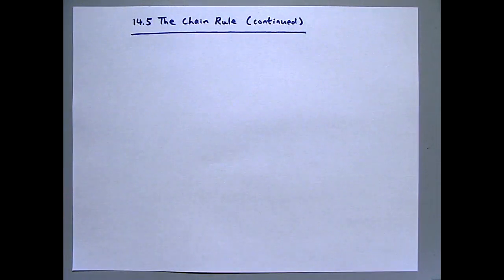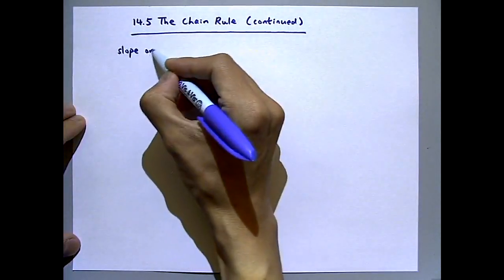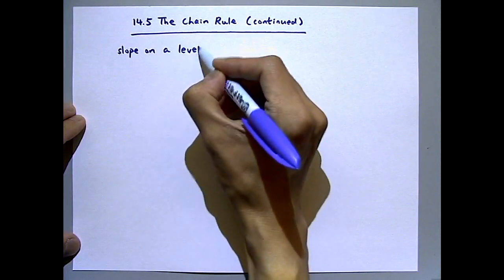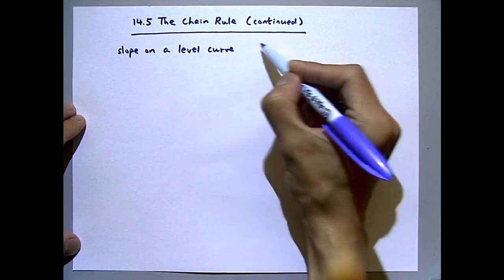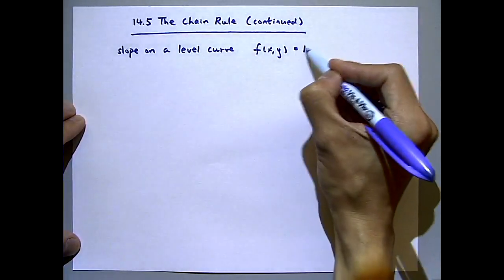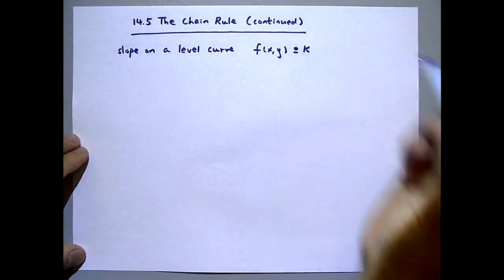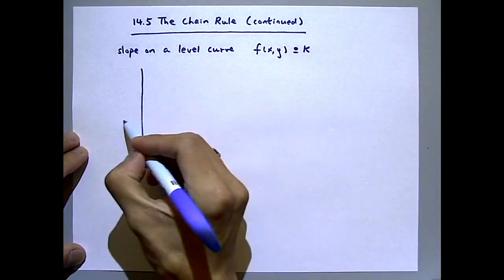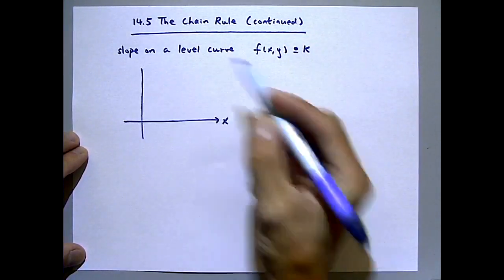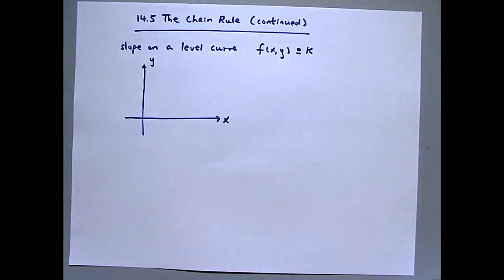So in many applications, sometimes you want to find out the slope on a level curve. So you've got some function f of x, y equal to k, right? That's a level curve when you set z to be a constant. And when you set z to be a constant, you're going to get a curve that's y as a function of x.